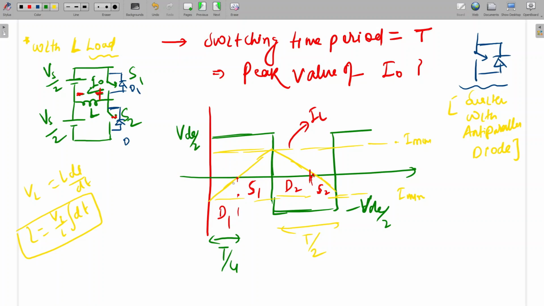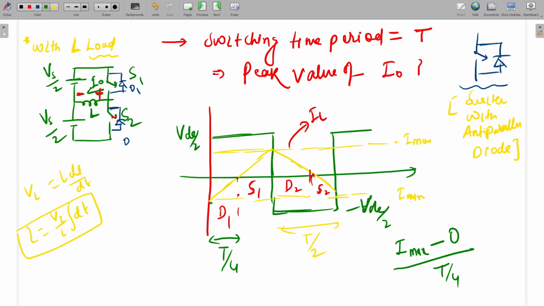Let's say here is T by 4, so minimum value and maximum value: I max minus 0, divided by how much duration? T by 4. Is it clear?